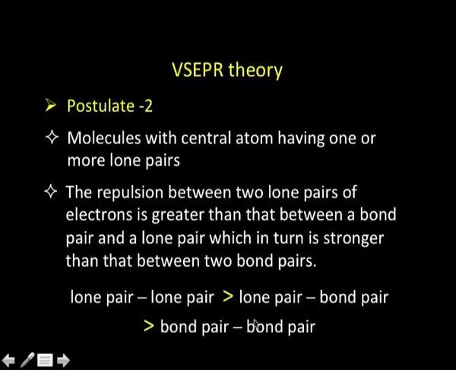That is, we have this order: lone pair-lone pair repulsion is greater than lone pair-bond pair repulsion, which is further greater than the repulsion between two bond pairs. This ordering is very, very significant, because it is going to determine the final molecular geometry of a given molecule.